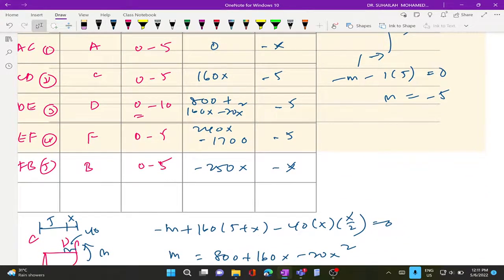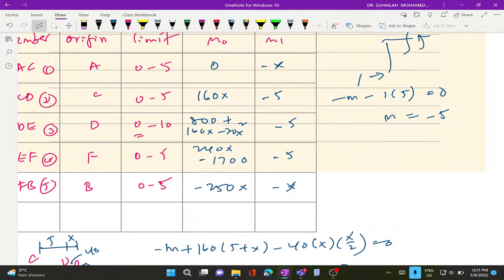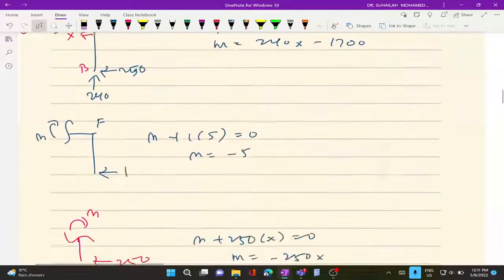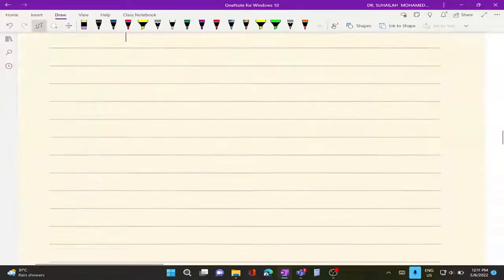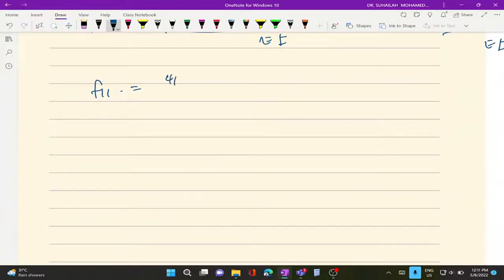So what is the answer? The first value is 41.667.